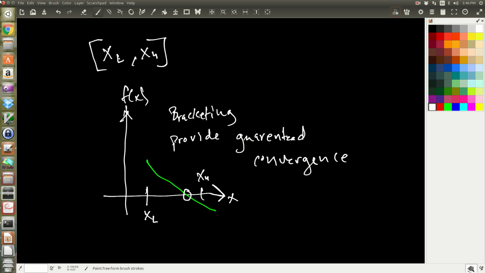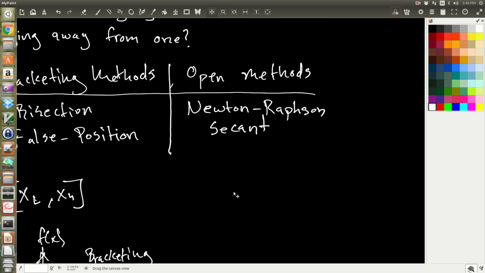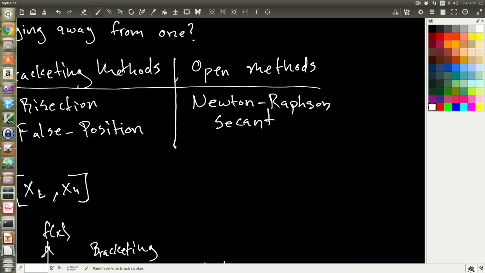But for open methods like the Newton-Raphson method right here and the secant method, these methods do not provide guaranteed convergence. In fact, they don't always converge.